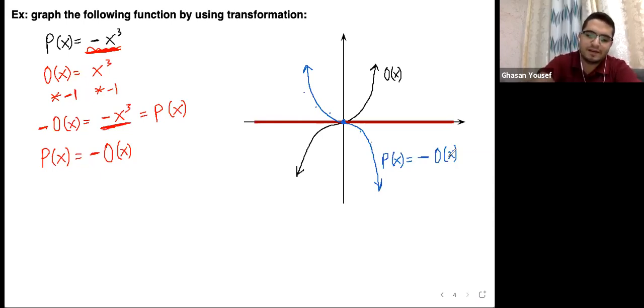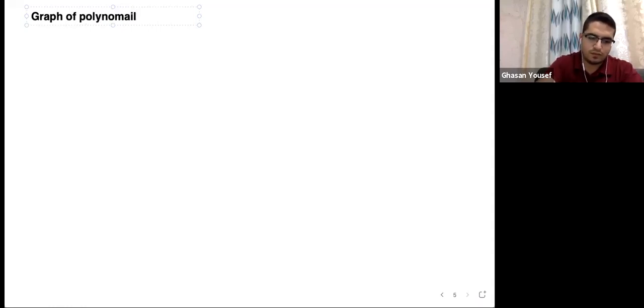The end behavior is the method to help me graph any polynomial function. So here I can say: graph of polynomial functions and end behavior.